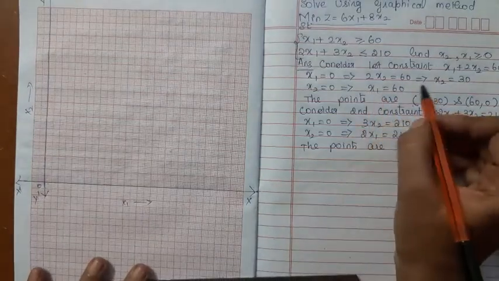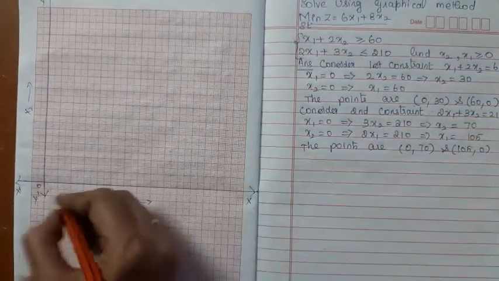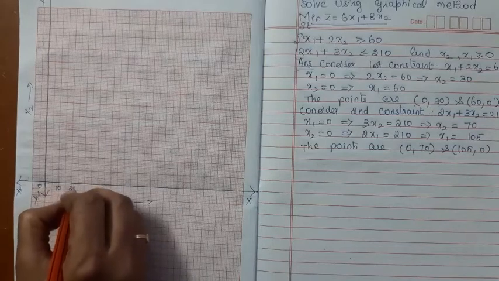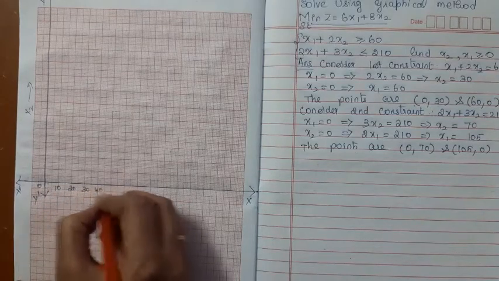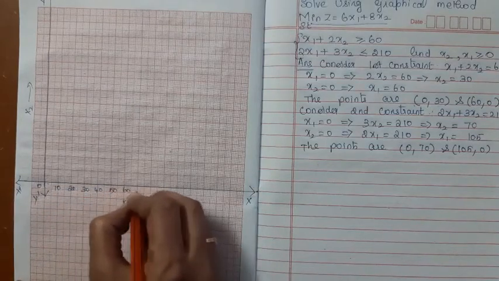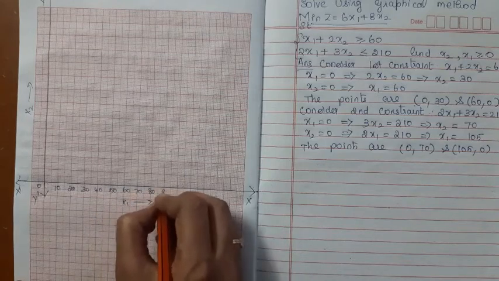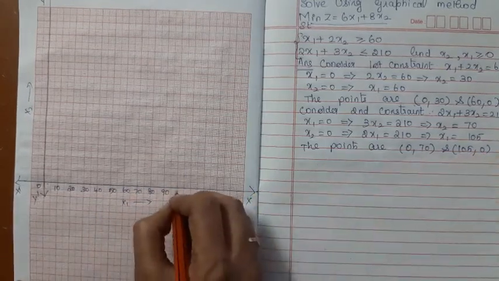See, the first points are 0 comma 30. So I take the scale of 10 units so that I can accommodate the maximum value here, which is 105.